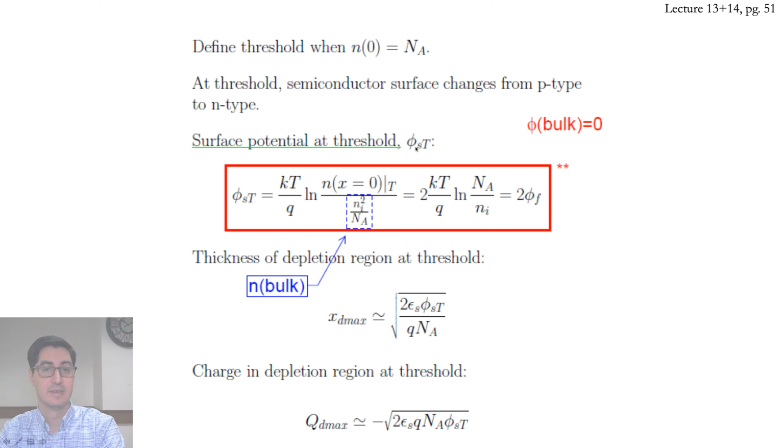Okay, phi_S,TH. Just to remind you, we're always defining in these cases the electrostatic potential in the bulk to be equal to 0. That's our reference potential.